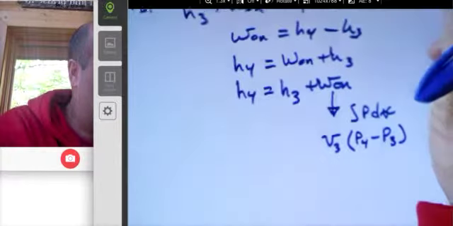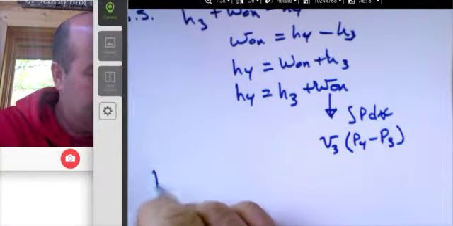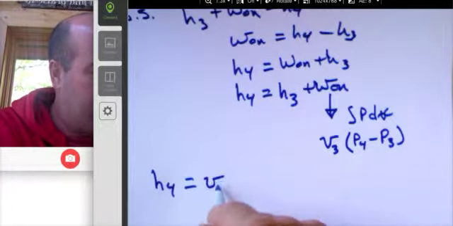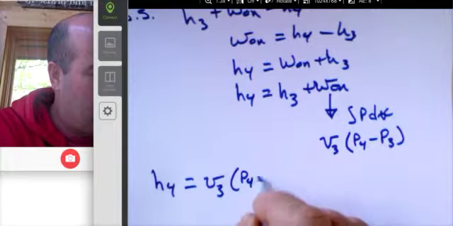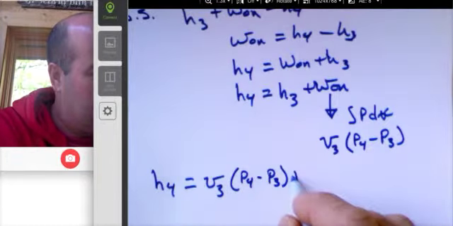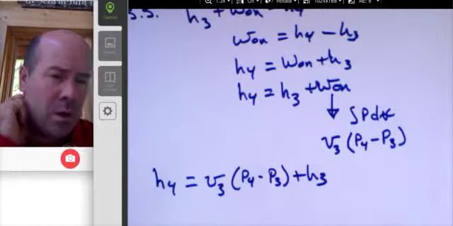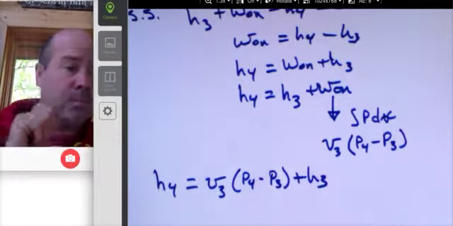So here we go. H4 equals V3 times P4 minus P3 plus H3. Let's do a quick example to find H4.